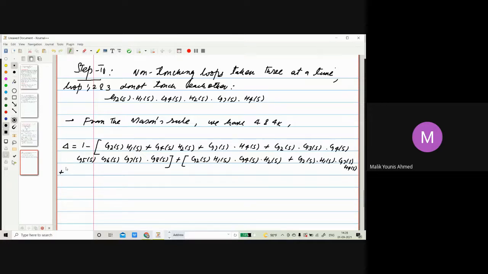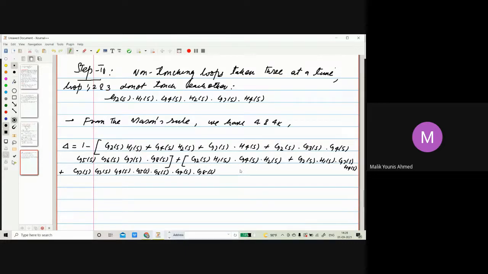Plus G2 of S, G3 of S, G4 of S, then we have G5 of S, G6 of S, G7 of S, G8 of S, multiplied with, sorry, just a second.